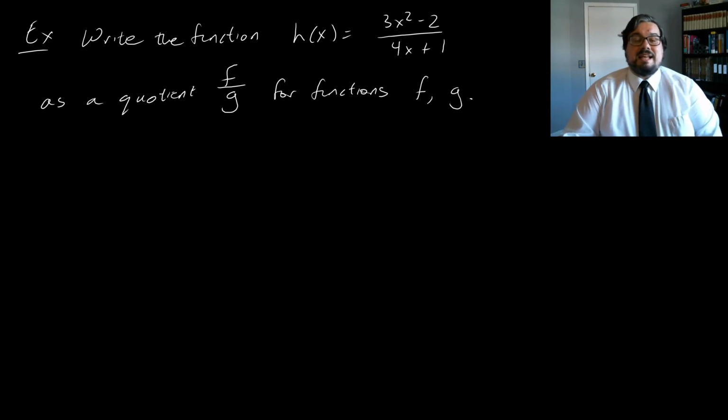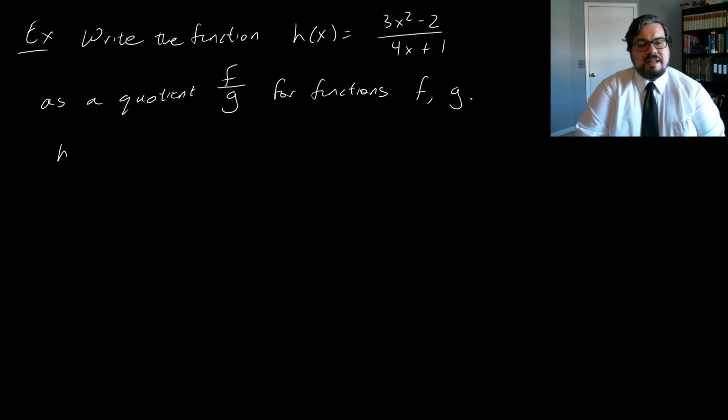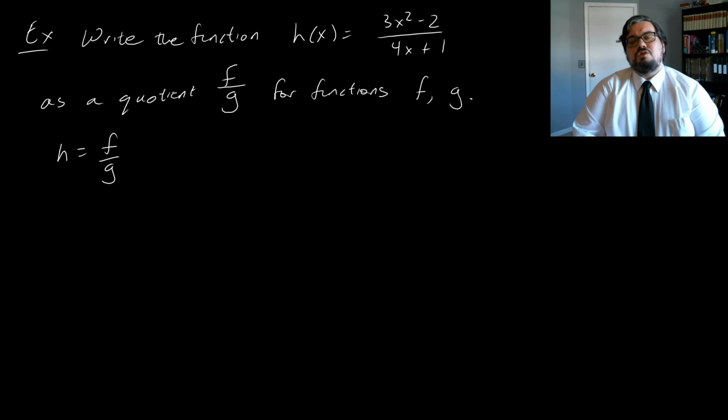So this problem is asking us to find two functions f and g such that h equals f over g. So there are always many different possible ways of doing this.